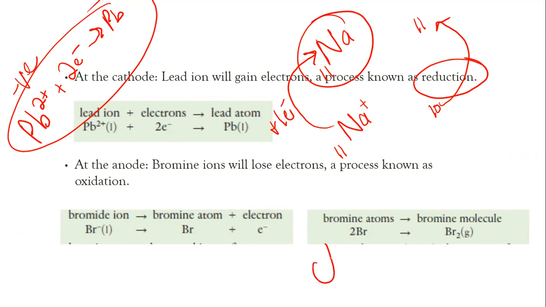Let's take chlorine. Right? So chlorine has a charge of -1. Now, when chlorine has a charge of -1, that is because it has more electrons than protons.